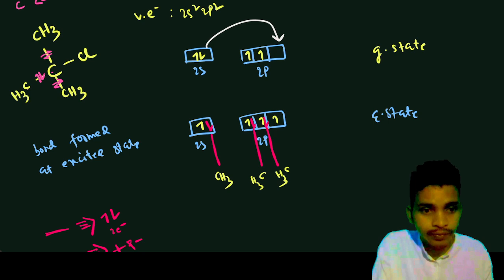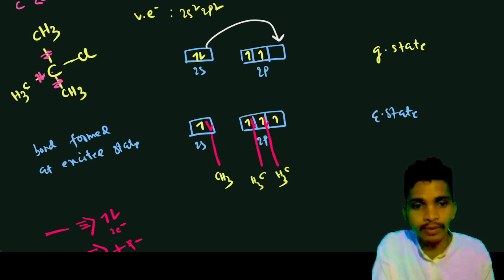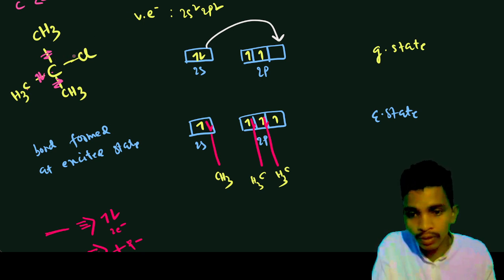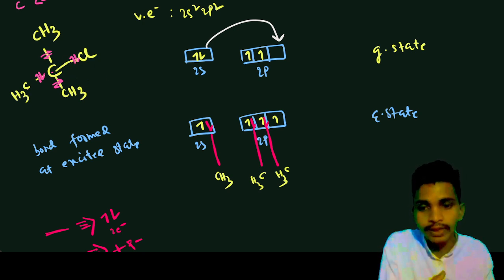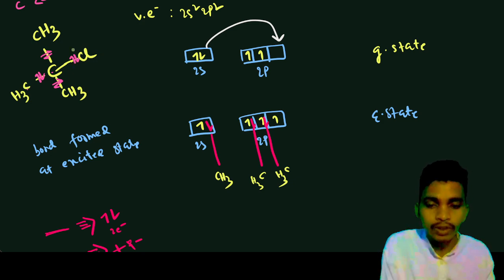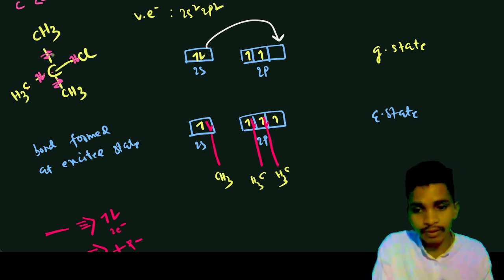So this bond will not lie in the middle, it lies nearer to the chlorine atom. The electron density is shifted towards chlorine, because chlorine is the more electronegative atom and carbon is the less electronegative atom. Carbon has a little delta positive charge, and chlorine has a little delta negative charge.